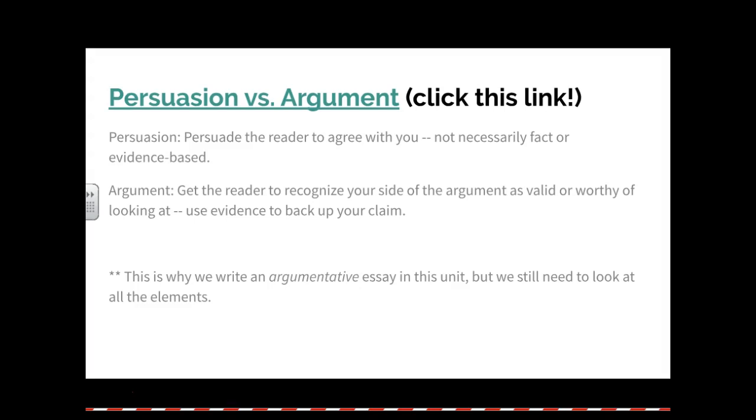If you're focusing on persuasion, that's when you typically get emotionally involved, and you might spew some facts that aren't necessarily true. I think we've all known people that do that. I do it all the time. Okay. So, this is why we write an argumentative essay, not a persuasive one, and that's why it's called argumentative.